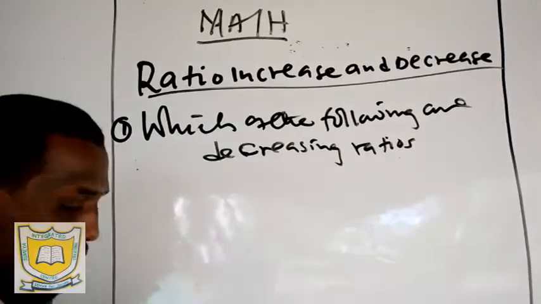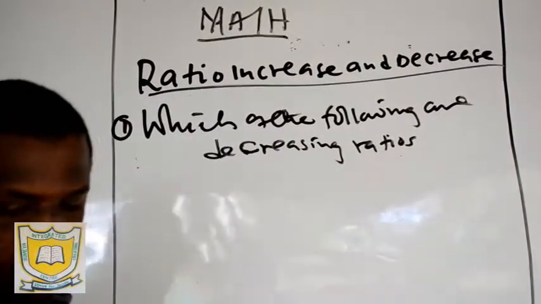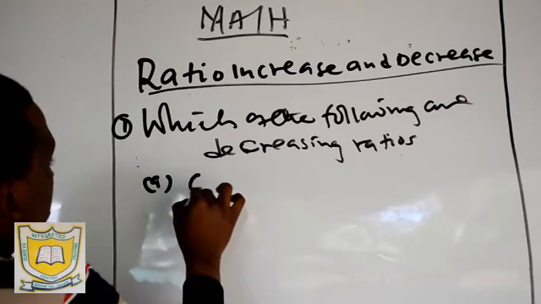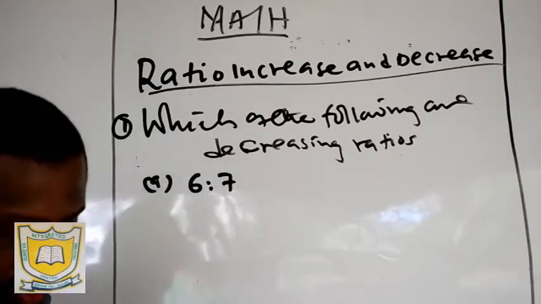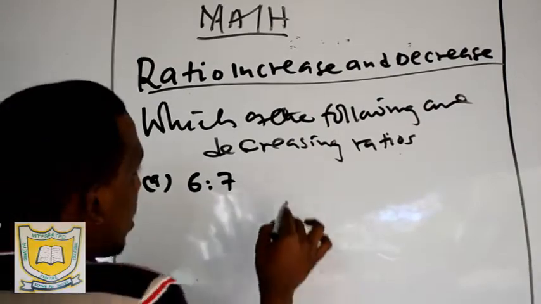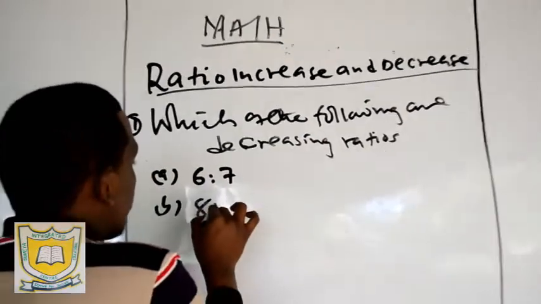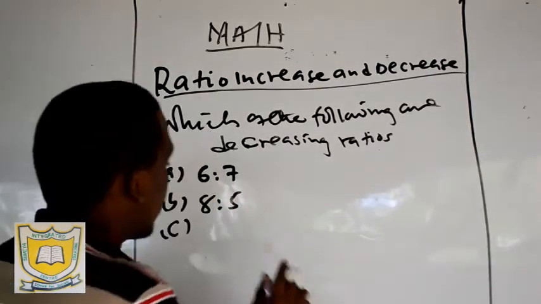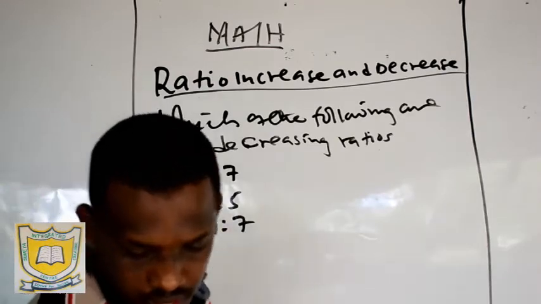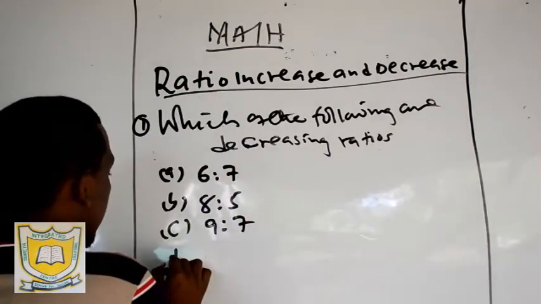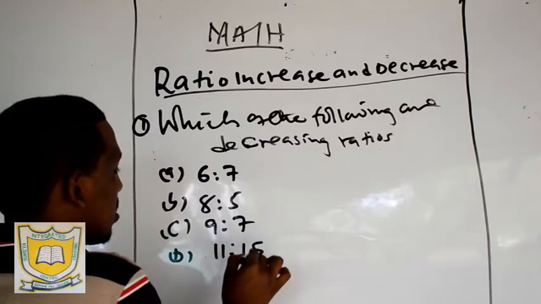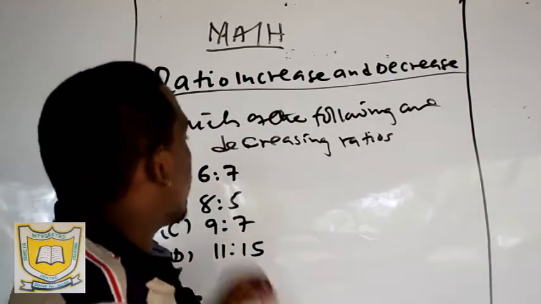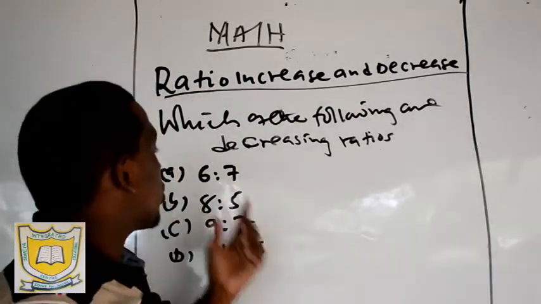Then you are given A, 6 to 7, then B, 8 to 5, C, 9 to 7, then you are given 11 to 15. Now you are told which one among these is a decreasing ratio.